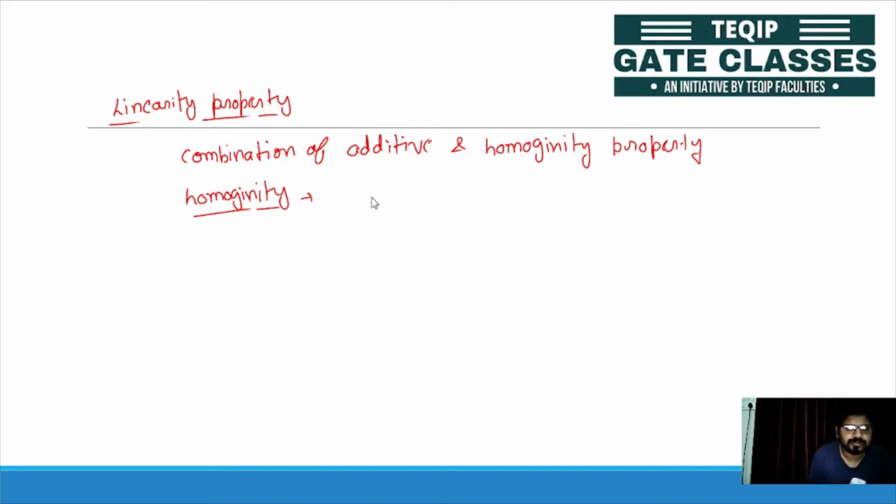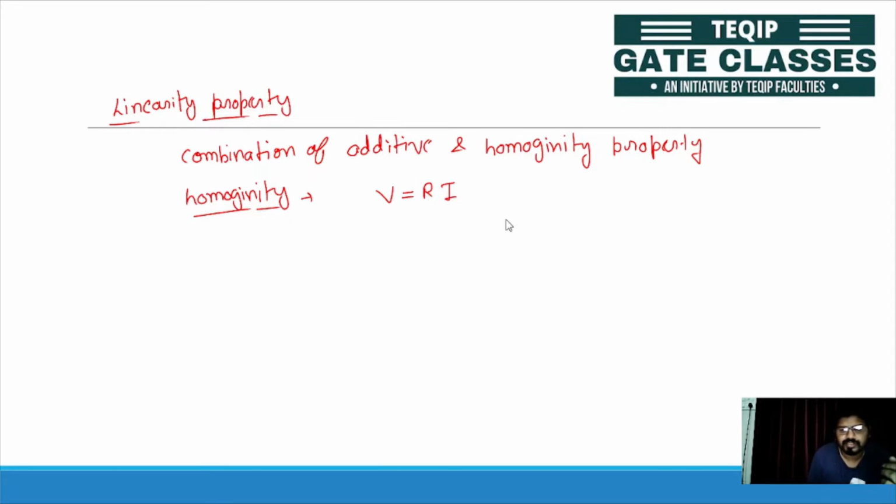Suppose our voltage and current relationship, what is it? V is equal to R I, Ohm's law. If we scale the input by some factor, suppose the input is current and the response is voltage, and we scale this current by some factor k, then definitely our output V will also be scaled by the same factor k.